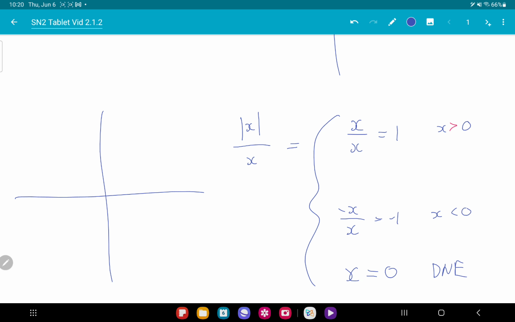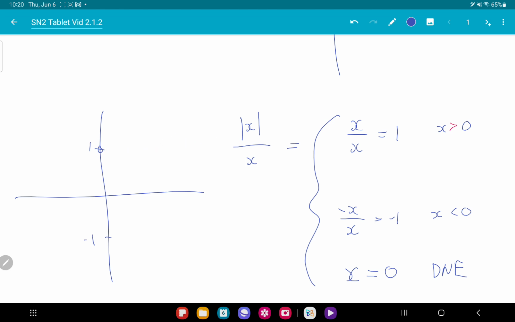So what does it look like? Well, for x is bigger than 0, it's going to be just this flat line 1. So let's put 1 up here, put minus 1 down here. So for x is bigger than 0, so over here, you get that horizontal line. That is not a horizontal line. I'll try one more time to get it flat here.